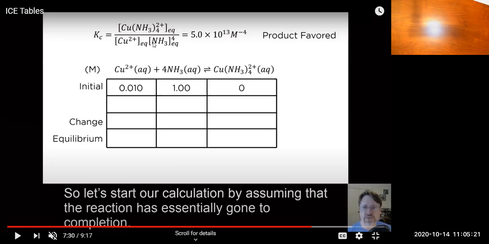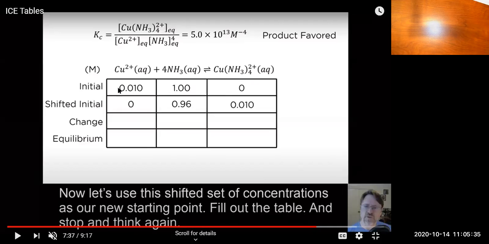So what we should do then is adjust our initial conditions to say, let's just assume the whole thing reacts away. So we then subtract off all of the copper 2+. That means that because it's a 1-to-1 stoichiometric ratio between these two, our resulting amount of this complex ion is going to be that same amount, 0.01.